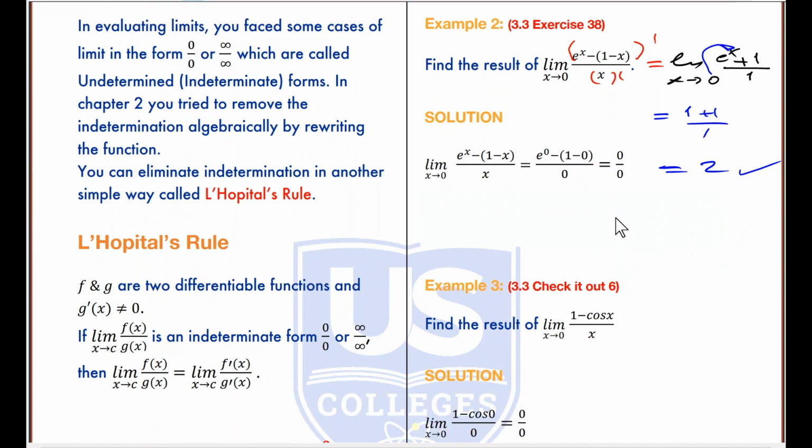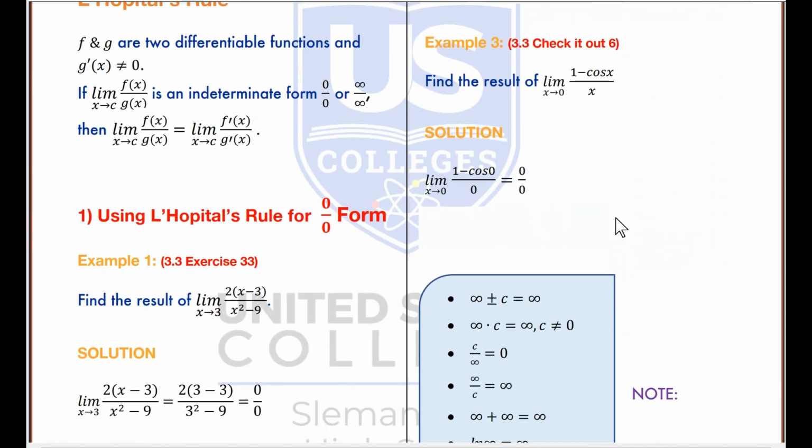Check out this question. This is one of the functions whose limit we used as a rule in chapter 2. We memorized the result of this limit as 0, but why 0? The 0 comes from L'Hopital's rule. How?